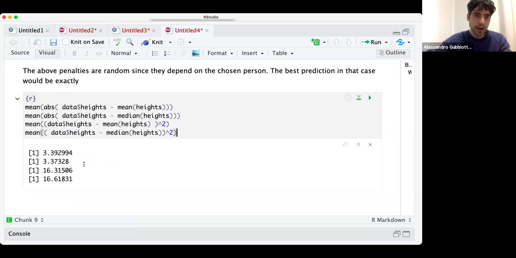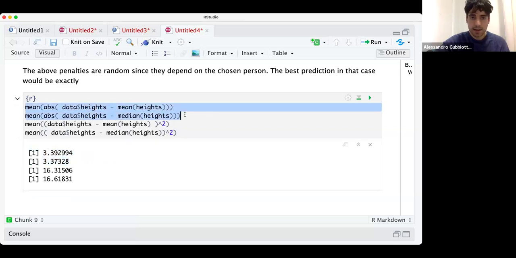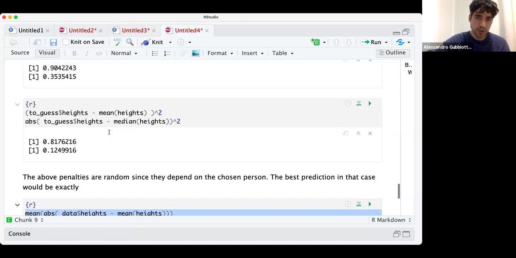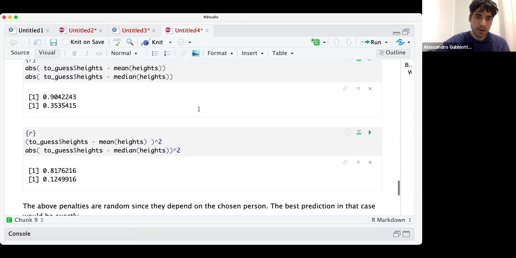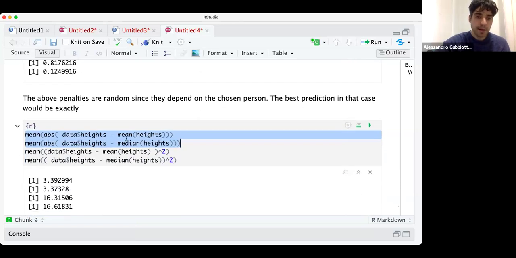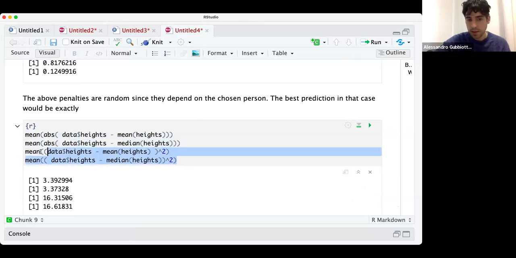Comparing the first two results, the prediction is better using the first function, which was the absolute value. It is better, the prediction given by the median. In the second case, it is better the prediction given by the mean.